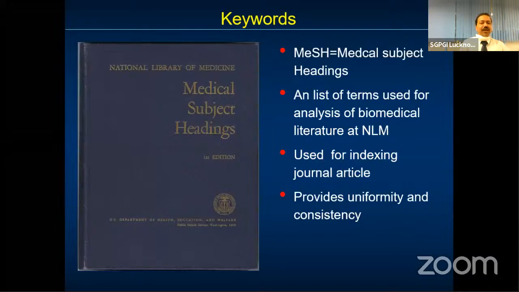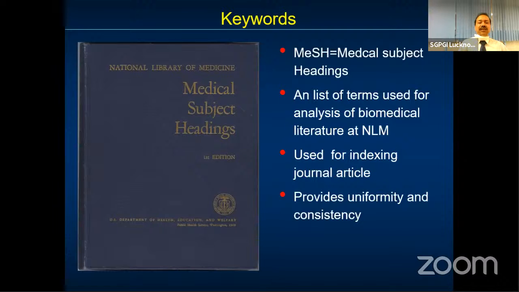Now then, what you do is that you talk about the medical subject heading and use those headings only. If you read any article, the article writes a title, but you will see below the abstract, it writes a lot of keywords.